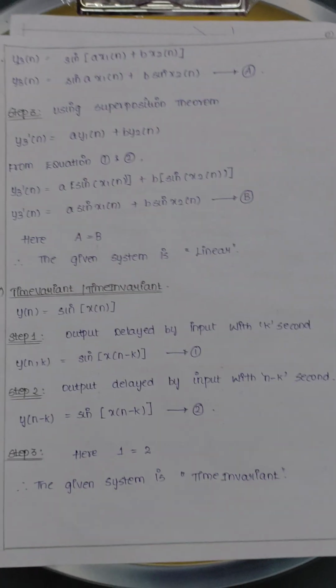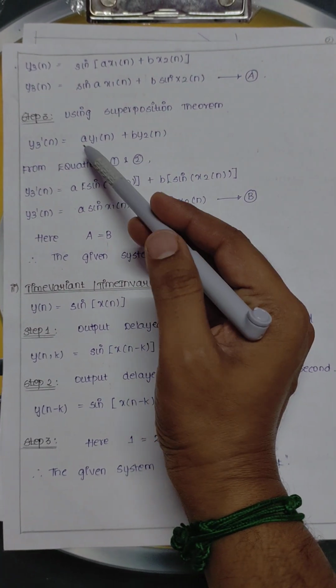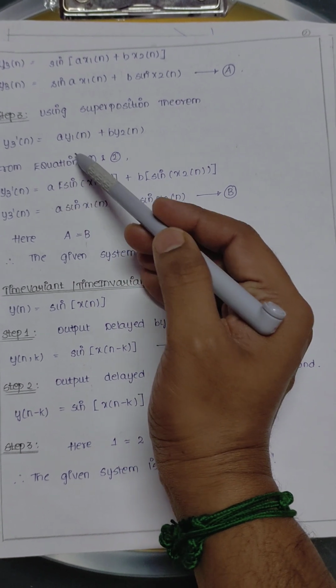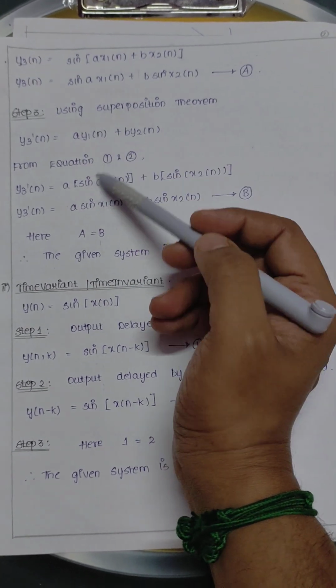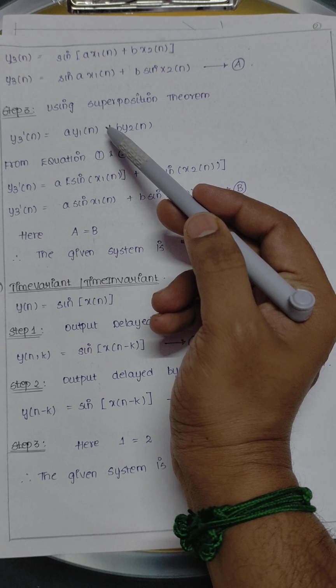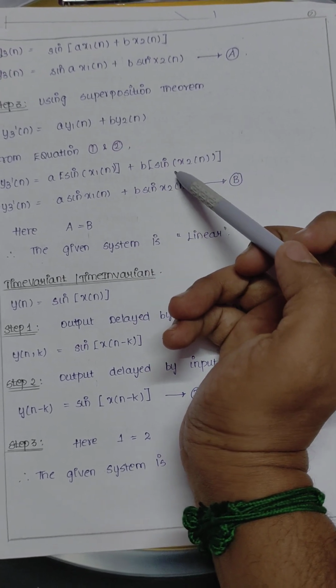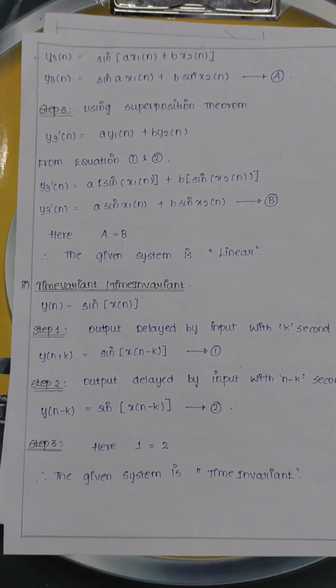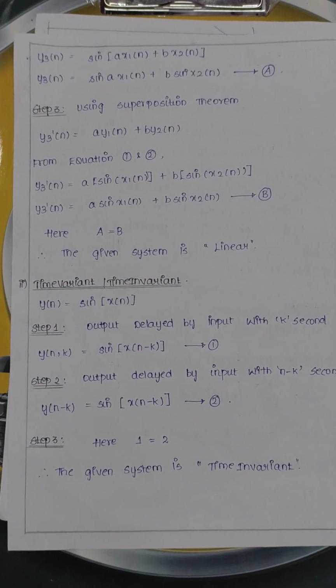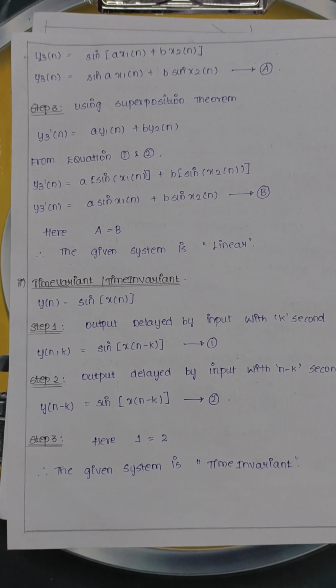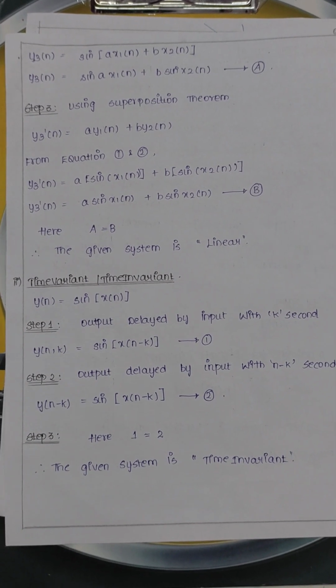I am substituting as it is, instead of y1 of n, sine x1 of n, and instead of y2 of n, sine x2 of n. Next step, multiply a and b inside. Therefore, a sine x1 of n plus b sine x2 of n.